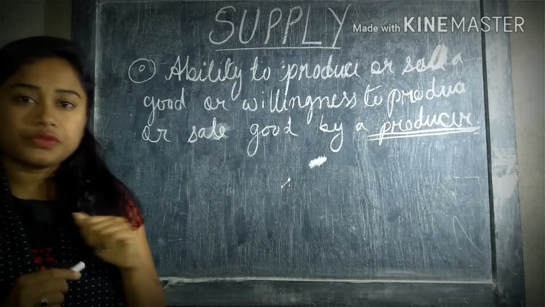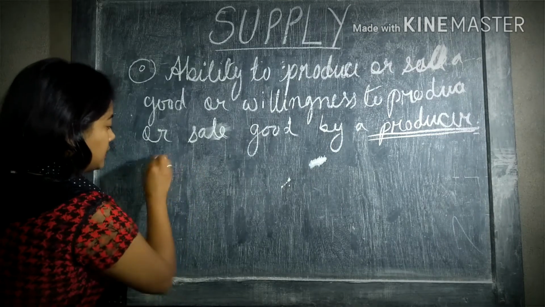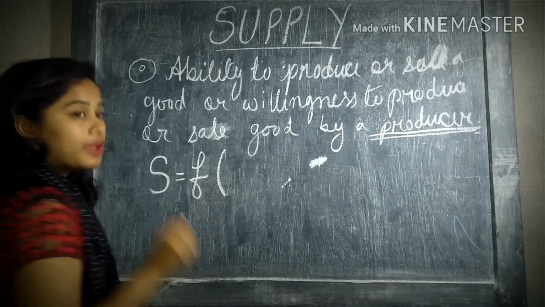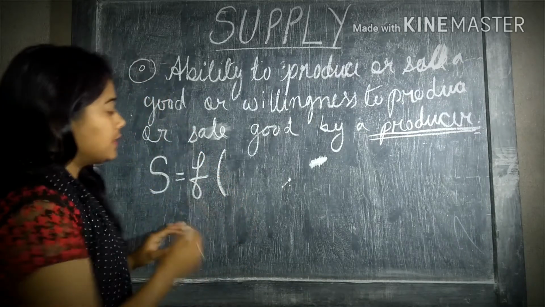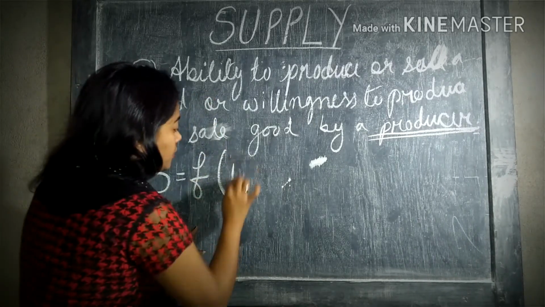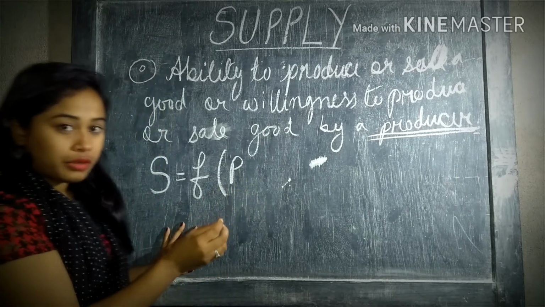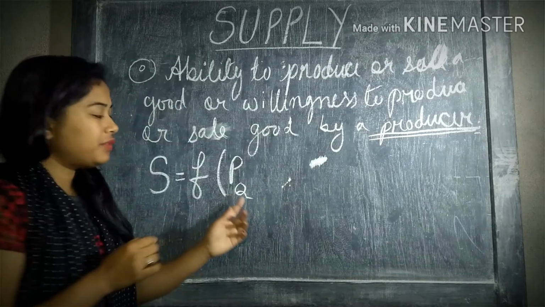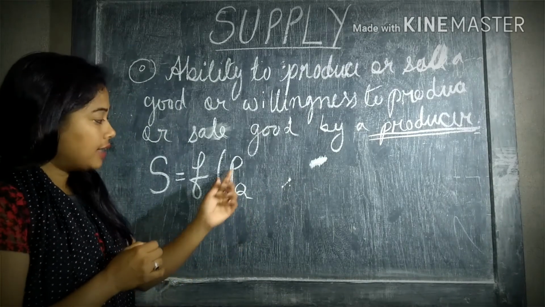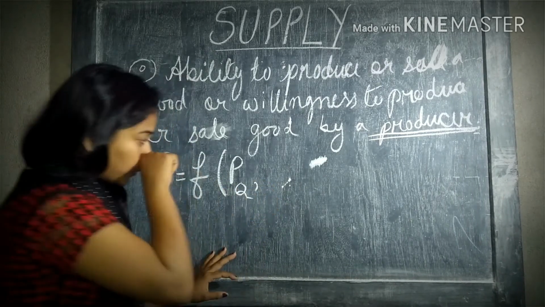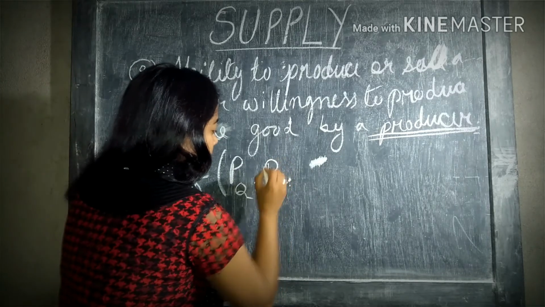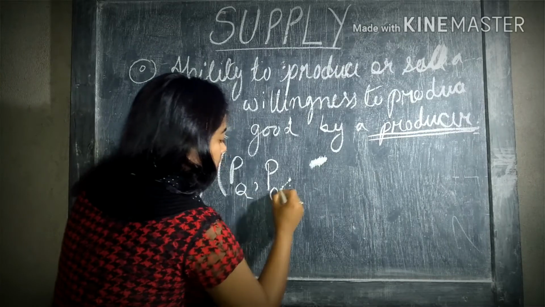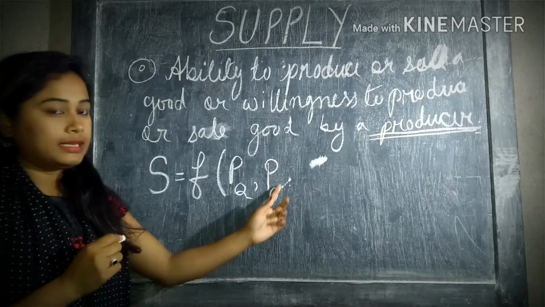And what are those factors? So supply is a function of different factors. These factors are the price of the goods, which we will define with Q. It may be different kinds of goods. Then the second one is the price of other commodities, which we will define as PO.